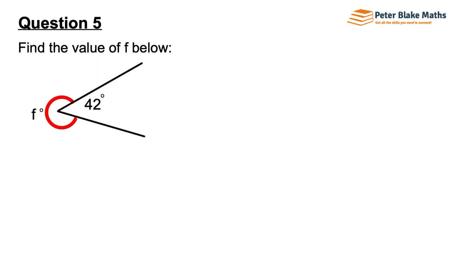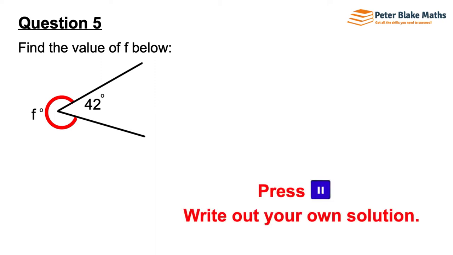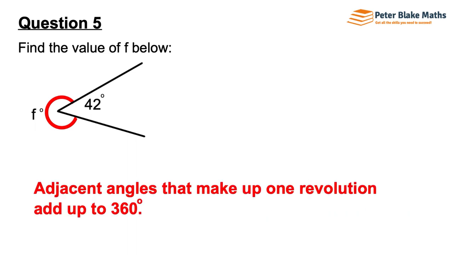Question 5. Find the value of f below. Adjacent angles that make up one revolution add up to 360 degrees. You can see that the f combined with the 42 goes all the way around in a circle, so makes up a total of 360 degrees.